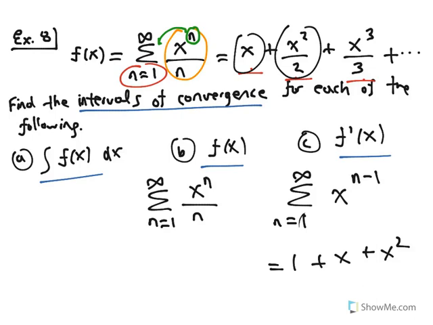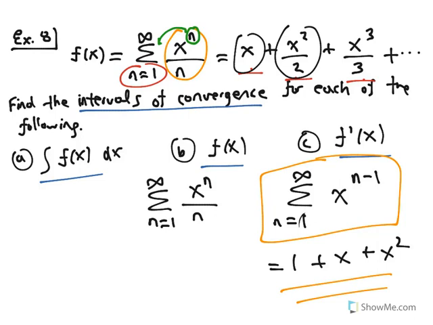So as I have it here, will it give me these three terms? If you substitute 1 for n, you get 1 minus 1 is 0, and x to the 0 is 1. If you substitute the next value of n, which is 2, 2 minus 1 is 1, so you get x to the first. If n is equal to 3, 3 minus 1 is 2. So it is correct. You can always check by doing exactly what you just saw me do.